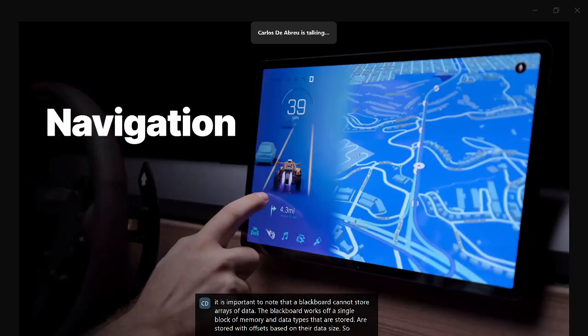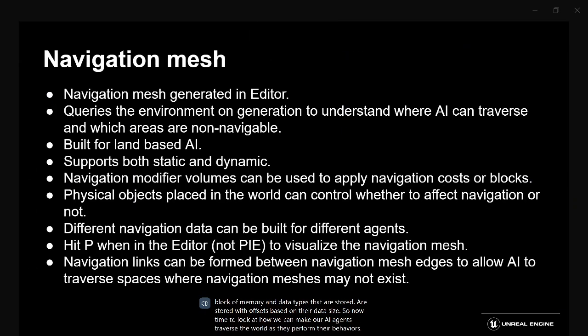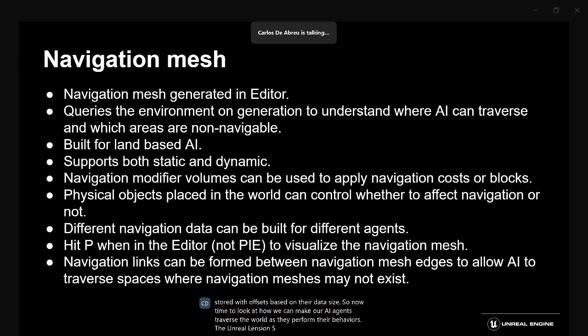So it's now time to look at how we can make our AI agents traverse the world as they perform their behaviors. Unreal Engine 5 comes with a system that supports land-based AI movement out of the box, and that is our navigation mesh.